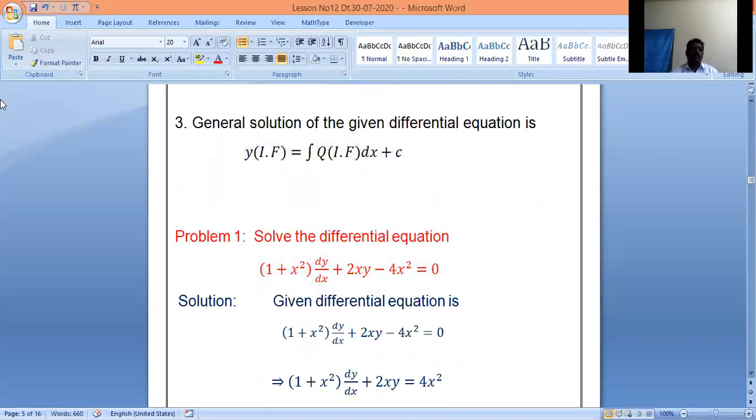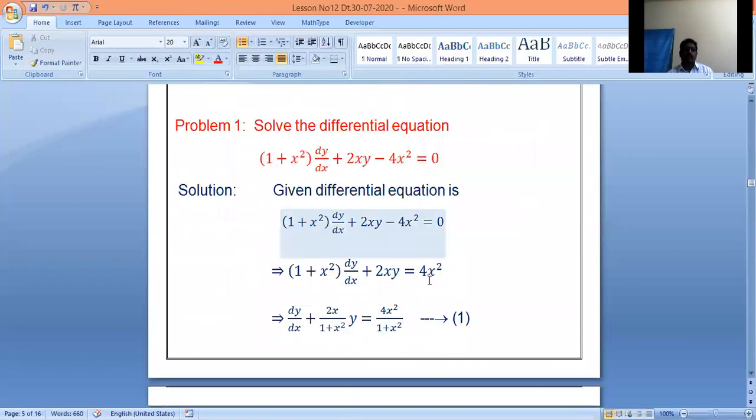Now, problem. Solve the differential equation (1 plus x square) into dy by dx plus 2xy minus 4x square is equal to 0. Here the given differential equation is (1 plus x square) dy by dx plus 2xy minus 4x square is equal to 0.